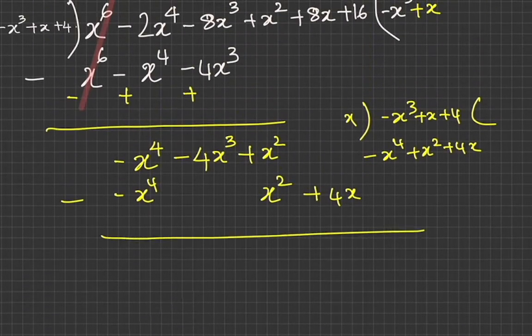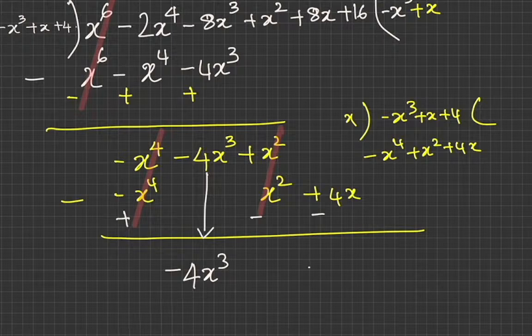So this becomes positive, this becomes negative, this becomes negative, correct? And these two cancel out, and these two cancel out as well. What I'm left with is negative 4x to the power 3. So I just bring this down. And then I have negative 4x, correct?